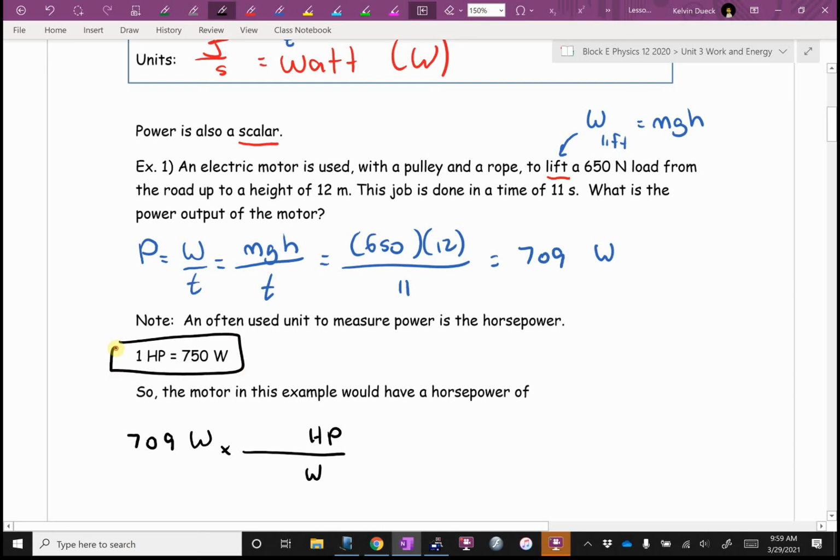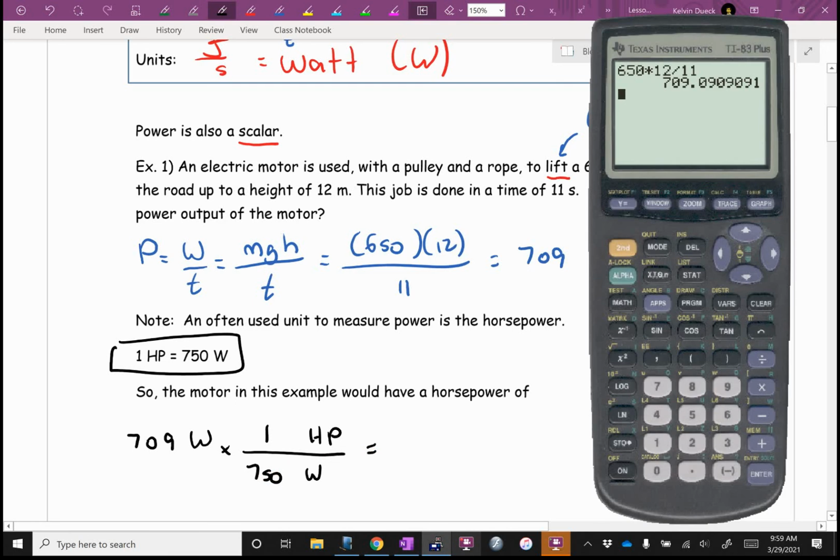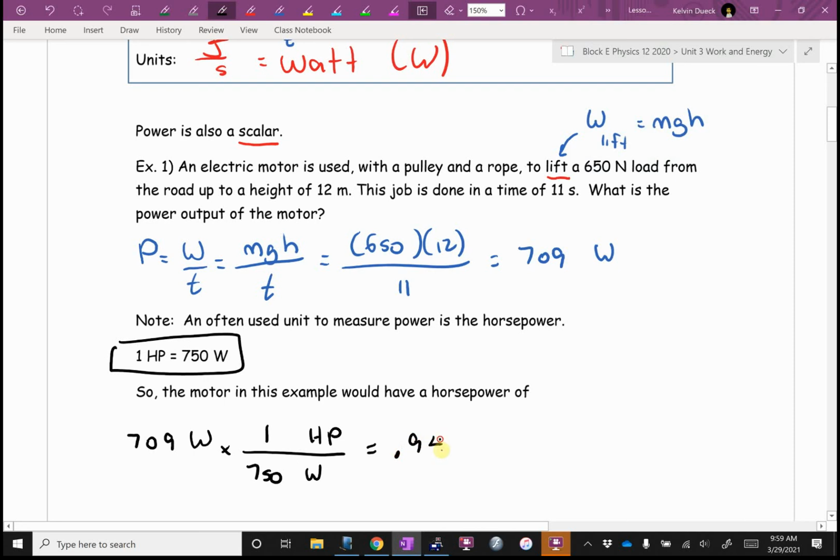And here's my conversion factor. 1 horsepower is 750 watts. So what will I do with that 750 since it's on the bottom? Will I times by 750 or divide by 750? Divided by 750. This is a 0.945 horsepower motor.